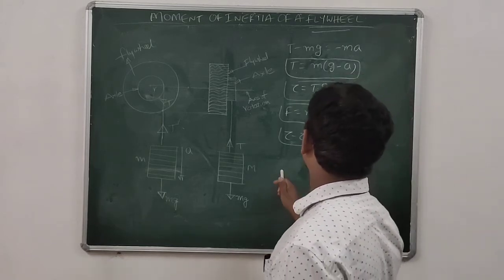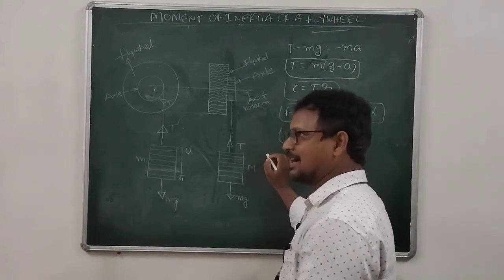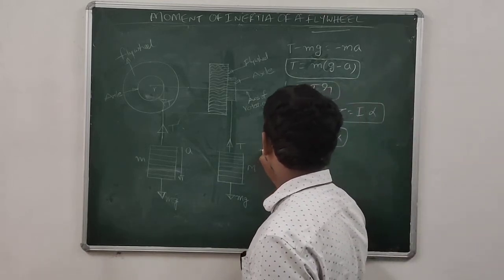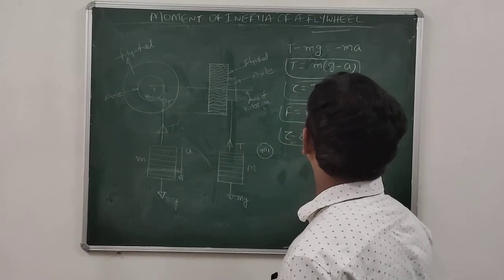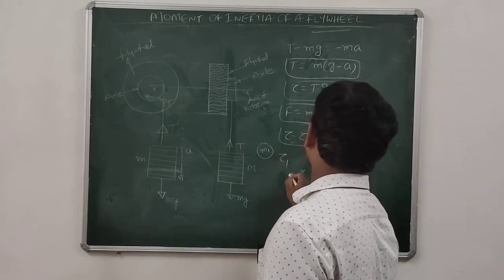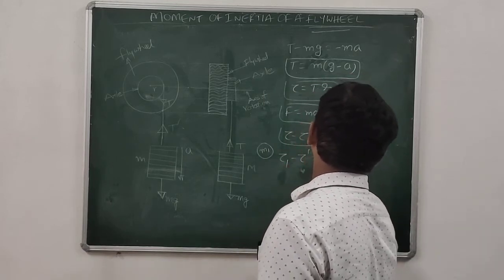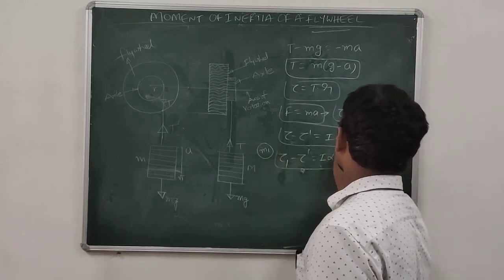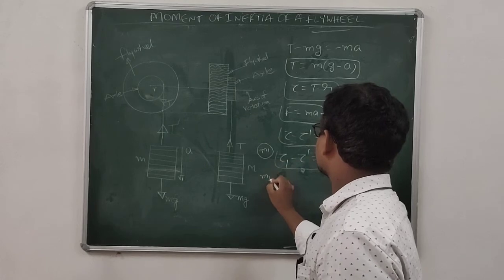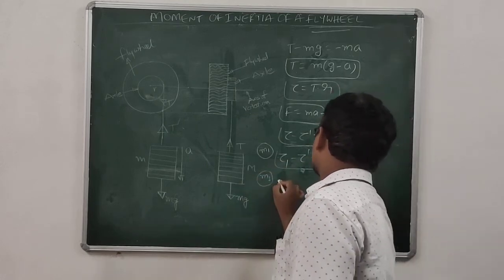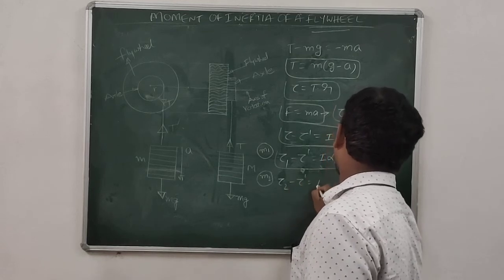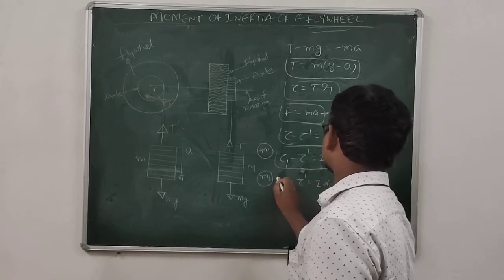We conduct the experiment for two values. For the first mass m1, tau 1 minus tau dash equal to I alpha 1. For the second mass m2, we get tau 2 minus tau dash equal to I alpha 2.